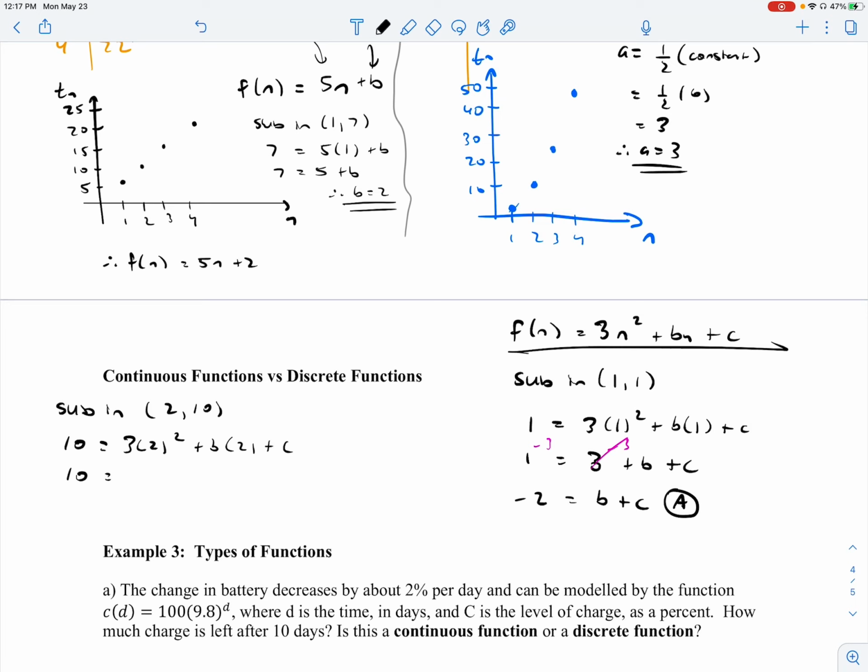So 10 equals 3 times 4 is 12 plus 2b plus c. Subtract 12 on both sides, and I'll get negative 2 equals 2b plus c. I'm going to call this equation B.